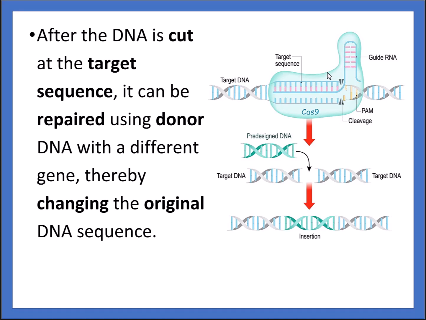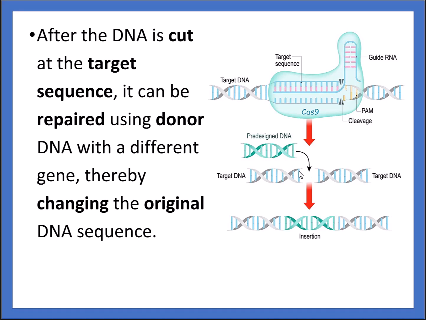So here we're looking at the Cas9 system. We have a target sequence of DNA, and the guide RNA is brought in and it matches at that exact target sequence. This is the Cas9 enzyme here that's going to do the cutting right here at that cleavage location. And some of the DNA is then cut and can be removed, particularly if we're trying to remove harmful genes.